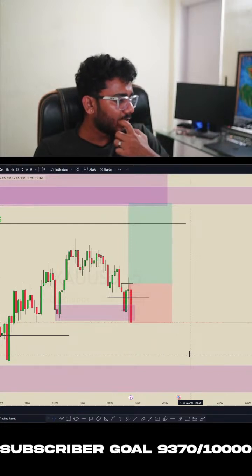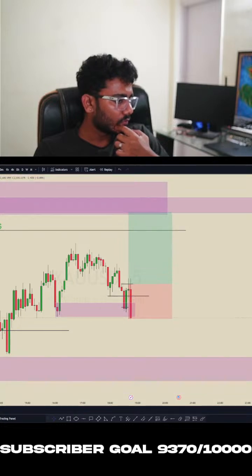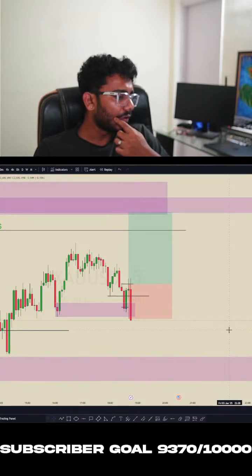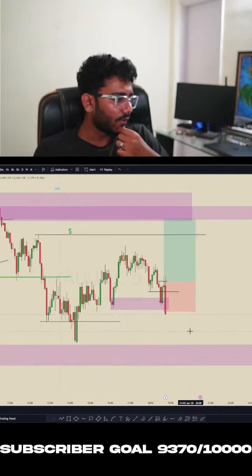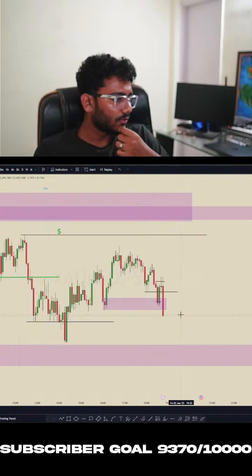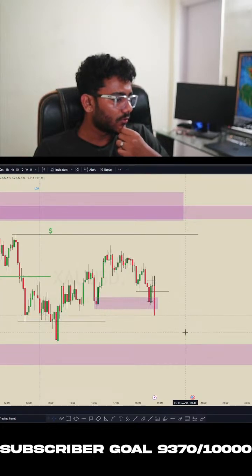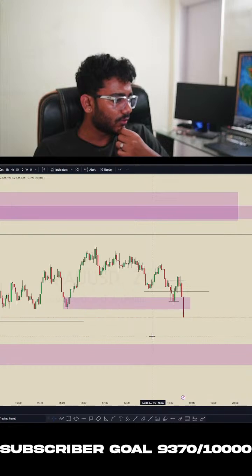So price has hit the stop loss. Now we can look for another entry to the buy side, but I don't think we have any area here. Let's look at this.